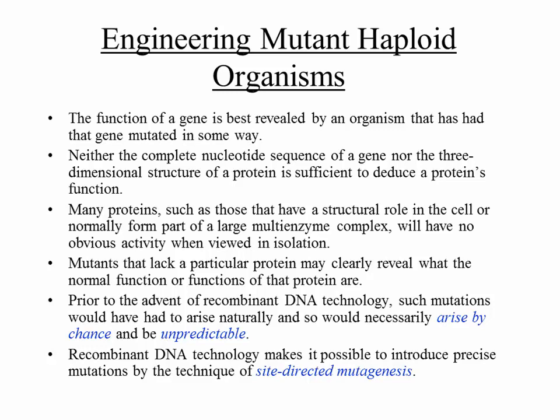Today in the lab, you can produce a diabetic mouse just by taking that gene for insulin away. But in the past, you'd have to wait for the mouse to grow old and naturally get diabetes. So recombinant DNA technology makes it possible to introduce precise mutations by the technique of site-directed mutagenesis.